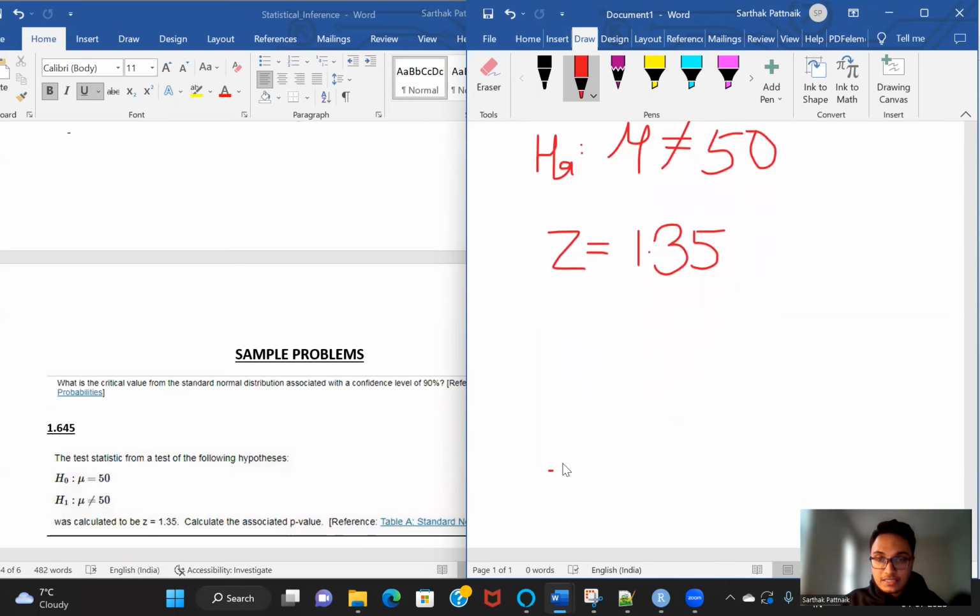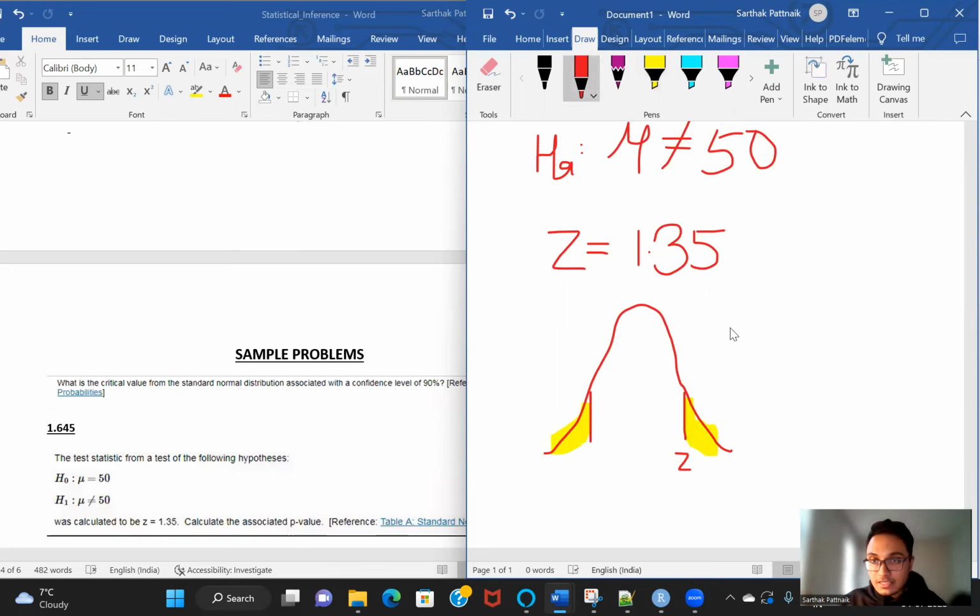And for a two-sided Z test, if this is my curve, this is plus Z, my test statistic. I need to calculate the area on both sides, which is this and this.